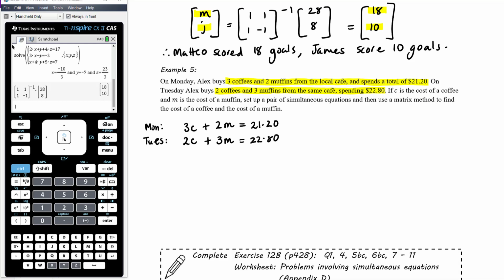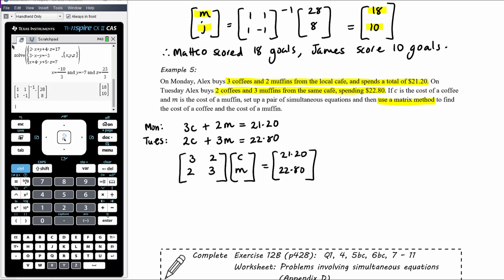Okay. Now, at this point, you can get your CAS to solve these simultaneous equations and you'll have the answer. But it does say use a matrix method, so we at the very least want to set up our matrix equation. So 3, 2, 2, 3 times CM, so make sure you list the letters in order, first letter and then the second letter, equals 2120, 2280.